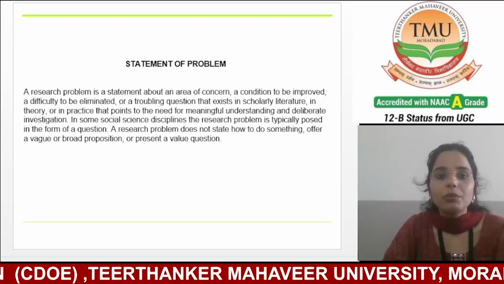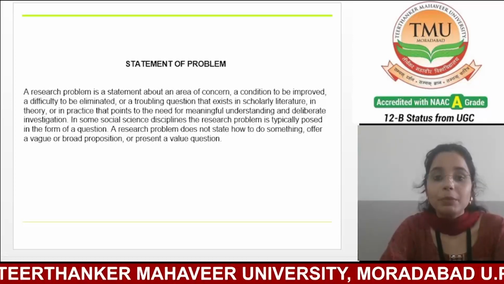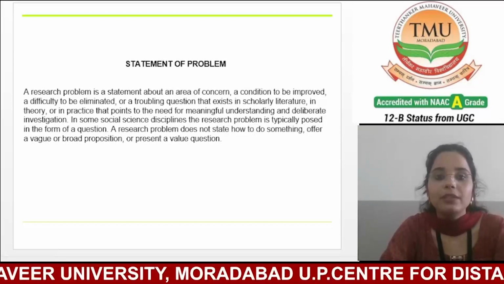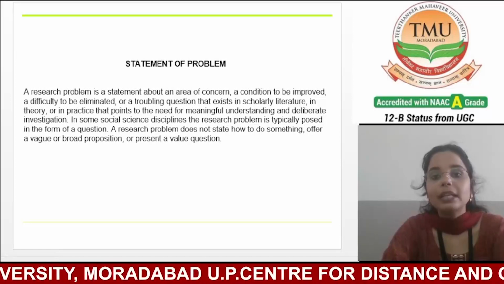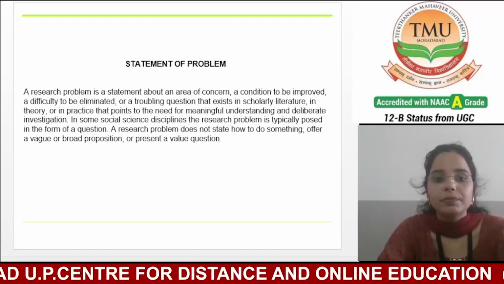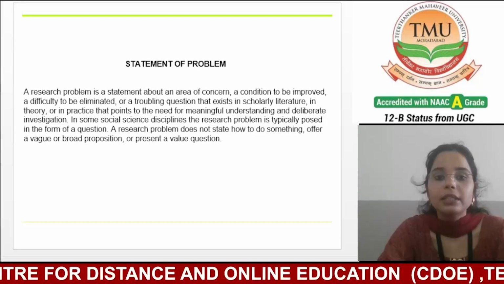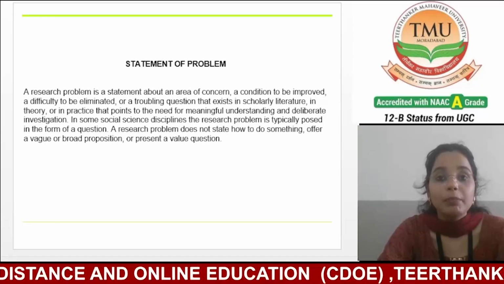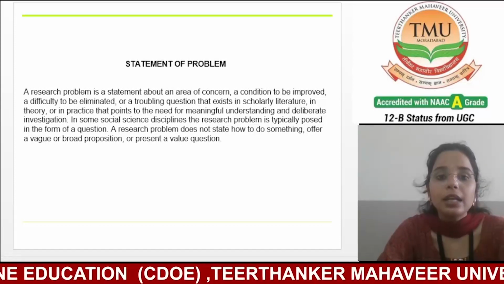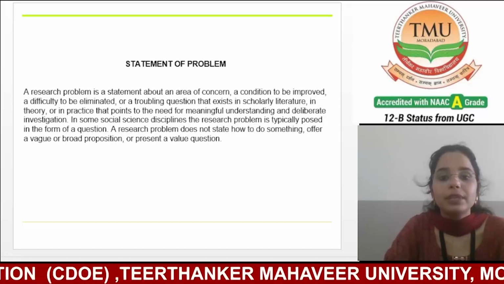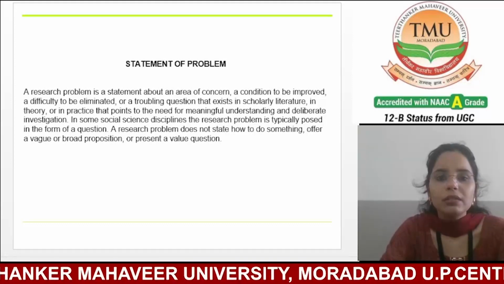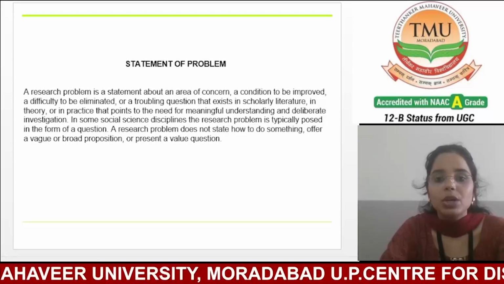First and foremost, the problem statement introduces the readers to the significance of the topic being studied. It highlights why the research is important and why the issue or concern deserves attention. It helps readers, including scholars, participants and the general audience, understand the relevance of the research in addressing specific gaps in knowledge, solving a practical issue, or contributing to a broader understanding of the topic.